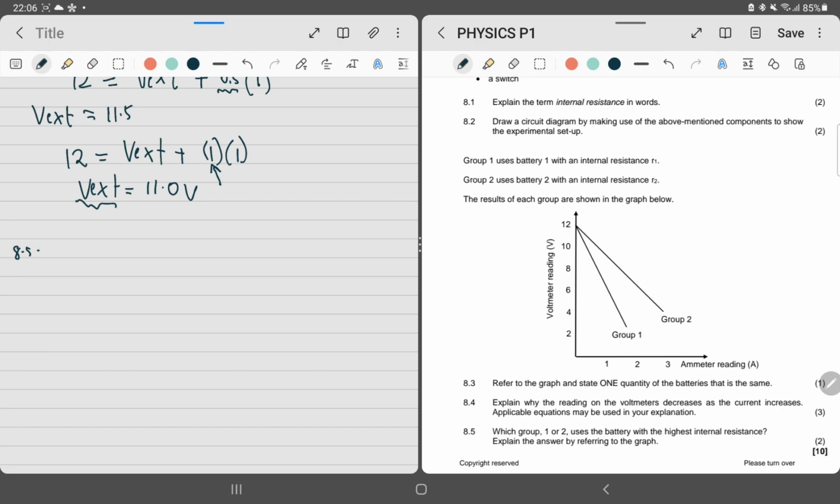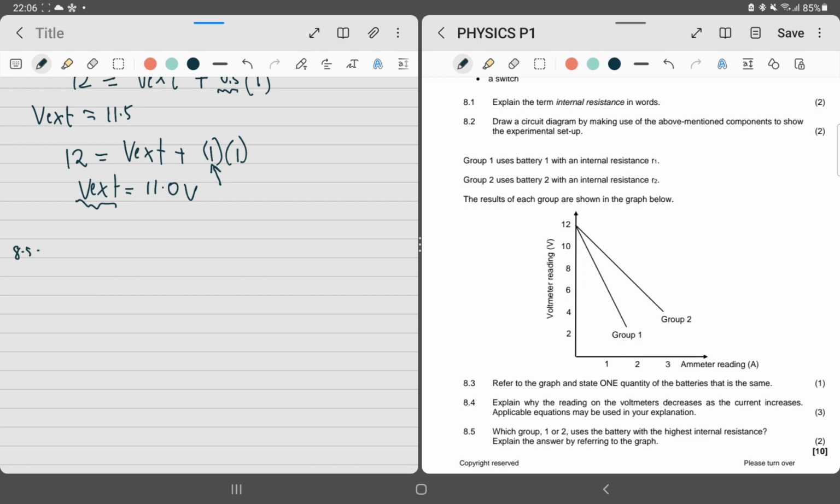8.5. Which group, 1 or 2, uses the battery with the highest internal resistance? Explain the answer by referring to the graph. The slope of the graph or the gradient will give you the value of your internal resistance.